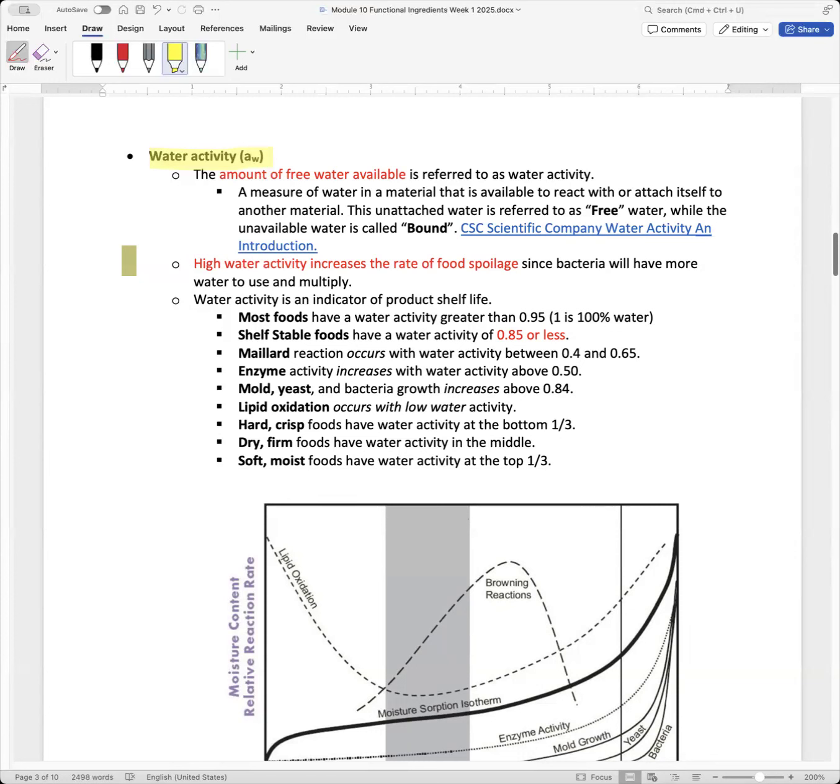So water activity is different from the amount of free water available. Total free water is what you get if you dry it. You have your food, you put it in a dehydrator, and you dry it. All that water that evaporates, that's free water. But water activity is different than that.